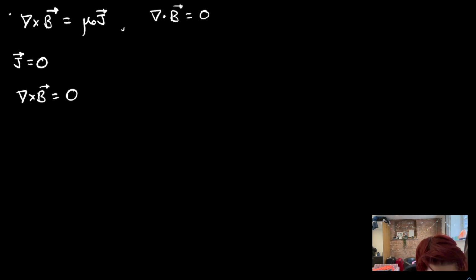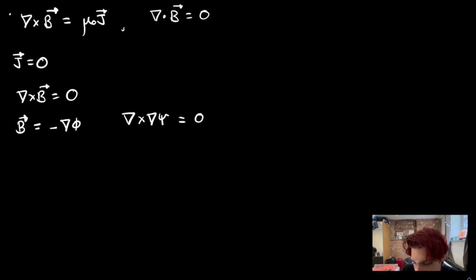And therefore, if the curl of B is equal to 0, then we can say that B is equal to minus the gradient of some other potential, because the curl of the gradient of any scalar, psi, we'll just say that for now, is always equal to 0.